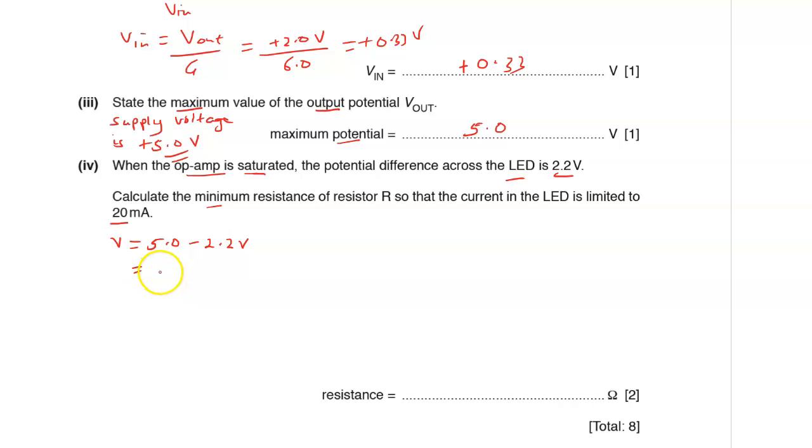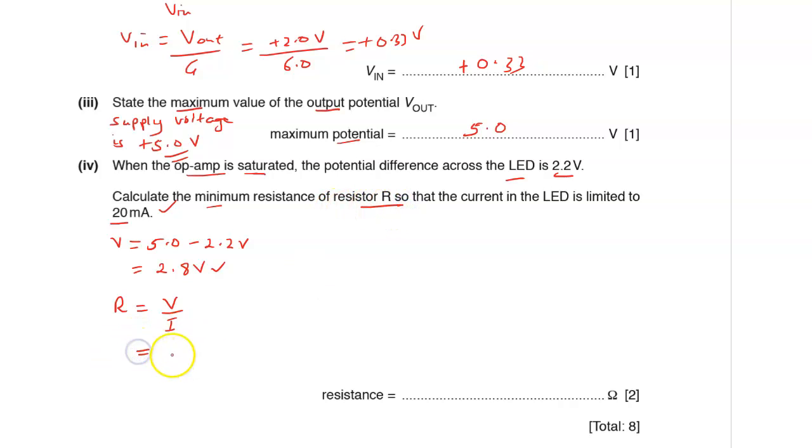This will give us the voltage across the resistance, which is 2.8 volts. And we know that resistance is equal to volts over current. We are given the current here, so we need to calculate the minimum resistance of resistor R.